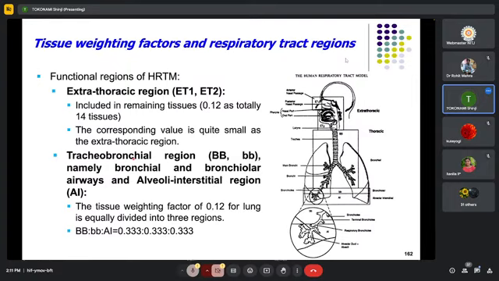For the tracheobronchial region, namely the bronchial and bronchiolar airways, and the alveolar-interstitial region, the tissue weighting factor of 0.12 for lung is equally divided into three regions: 0.333, 0.333, and 0.333.